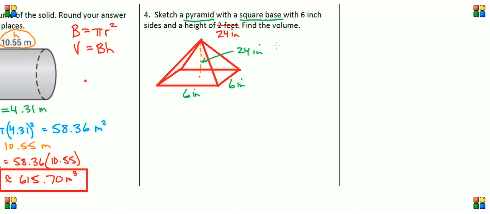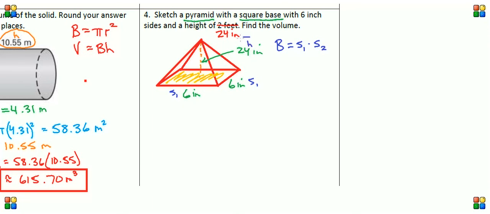Looking at our flip book, we know the base is going to be calculated as side 1 times side 2. In this case, we can see this will be treated as side 1, this will be treated as side 2. Let's go ahead and shade our base right now, which is going to be the bottom of our pyramid. And that means our height is actually going to be 24 inches.